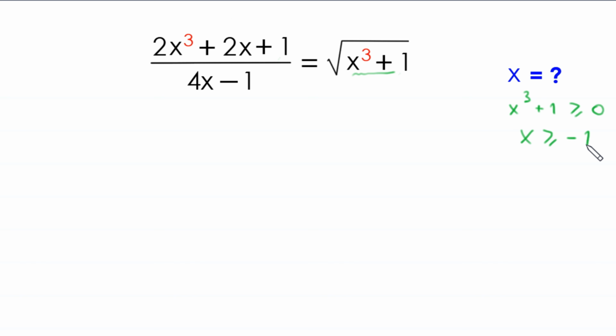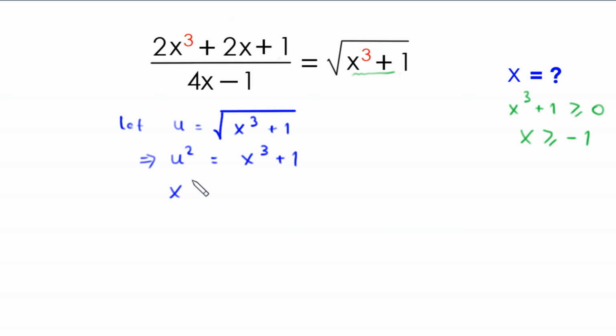Now to simplify the solution, let u equal the square root of x³ + 1. If we square both sides, u² equals x³ + 1. Moving the 1 to the left-hand side, x³ equals u² − 1.